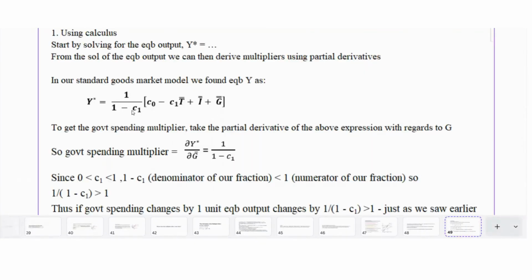Under all these assumptions, by setting Y equal to Z, we found our equilibrium output. So you first solve for the equilibrium value of output, and then from its solution, you can derive multipliers using partial derivatives. To get the government spending multiplier, you take the partial derivative of the solution of equilibrium output with respect to G bar. So the government spending multiplier is the partial derivative of Y star with respect to G bar, which in this case is 1 by 1 minus C1.